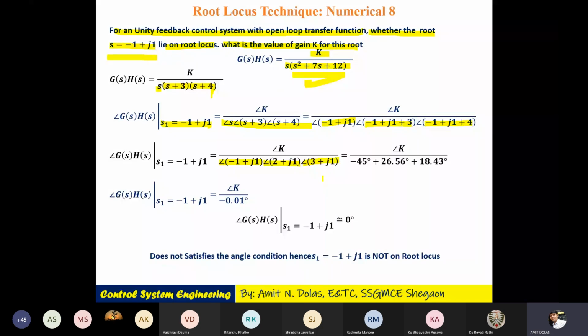So if you calculate, it will be minus 45 plus 26.56 plus 18.43. Then if you do the calculation, it is around 0.001 degree, that is nothing but of course 0. The angle of this point is approximately equal to 0, and approximately equal to 0 is nothing but 360, right? And 360 is an even multiple of 180. 180 multiplied by 2 will be 360. So of course it does not satisfy the angle condition. Hence, this point is not on the root locus.